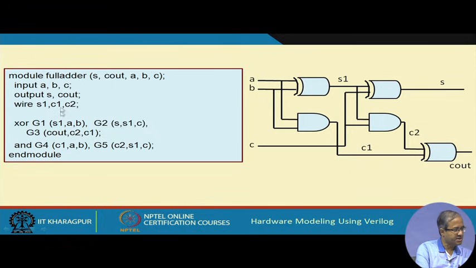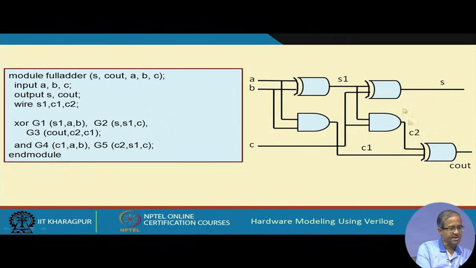So, here the structural implementation that I am showing of full adder uses this netlist. So, you see S, C out, A, B, C are the input and output lines, A, B, C is the input, S and C out are the output, and the intermediate wires are S1, C1 and C2.